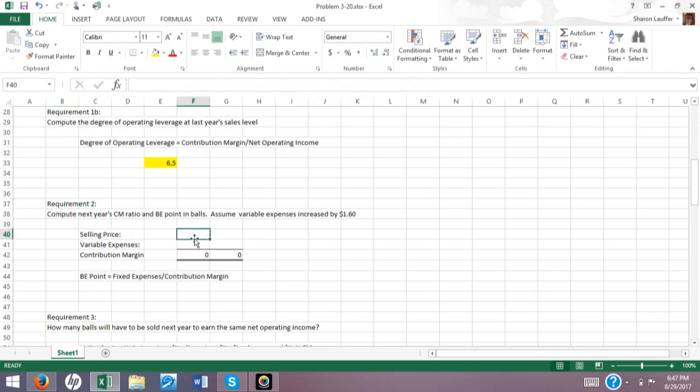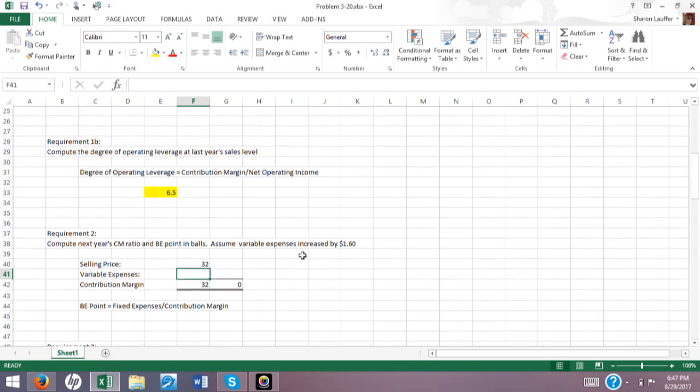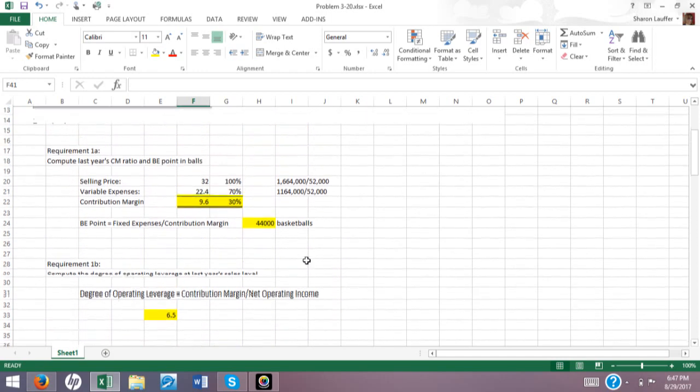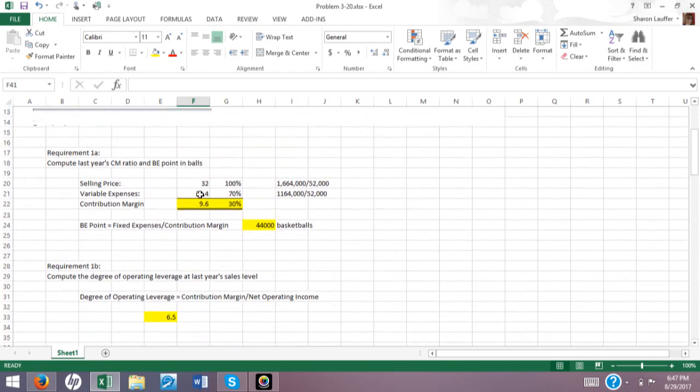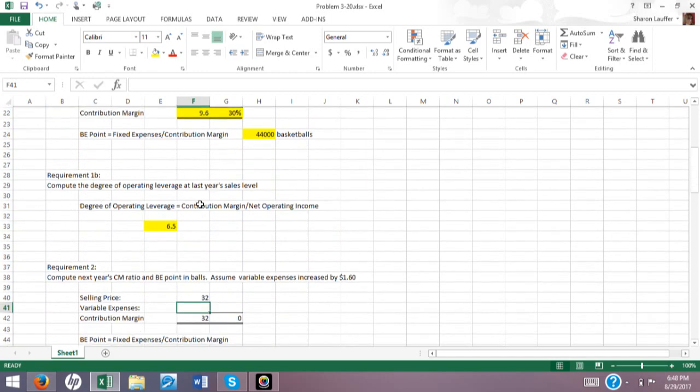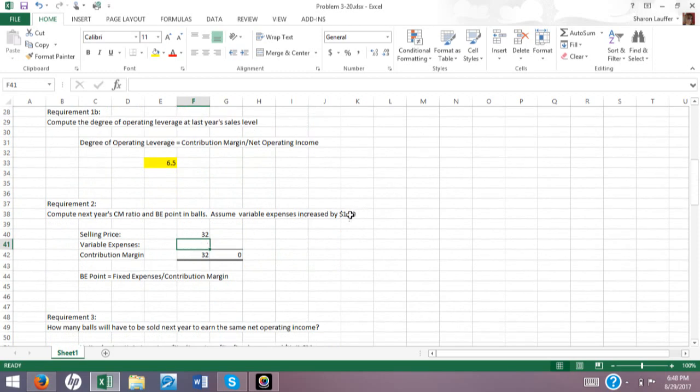Our selling price doesn't say that it changes, so it remains constant. Our selling price is still $32 a ball, and that was given in the instructions. It wants to know what next year's contribution margin ratio will be. We're going to do this the same way as we did up here, except our variable expenses increased. Up here we had variable expenses of $22.40, but this says they increased by $1.60. So now our variable expenses are $24.